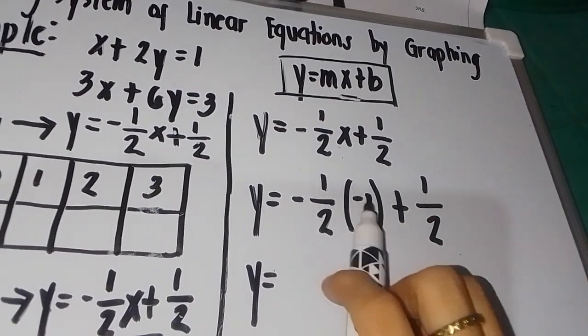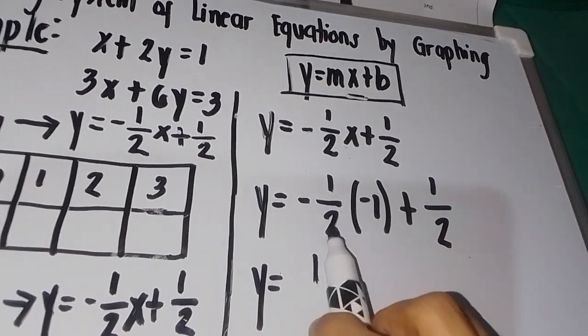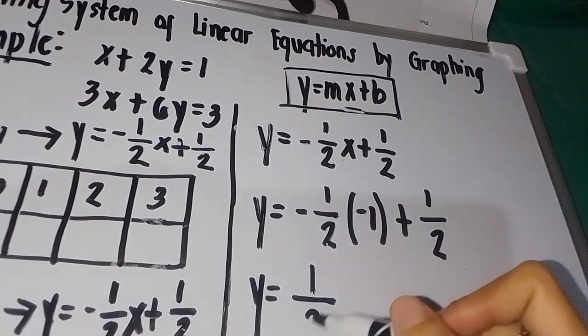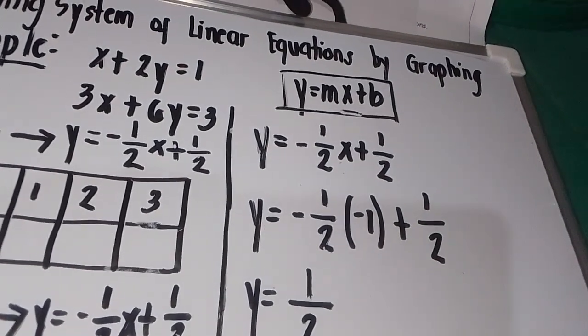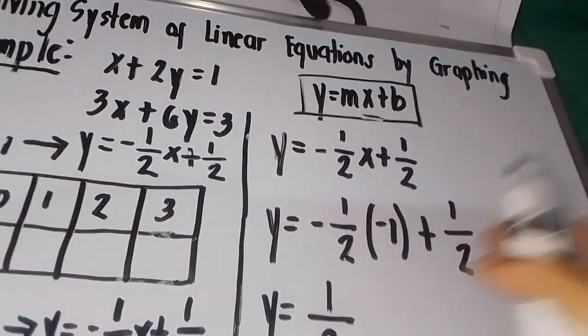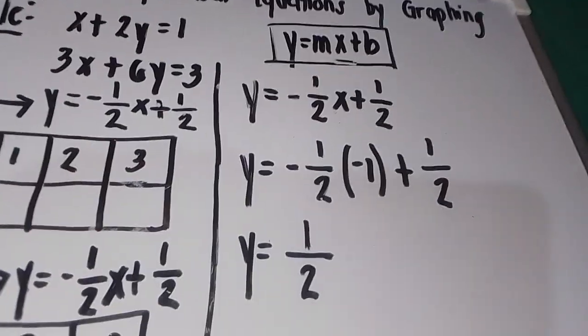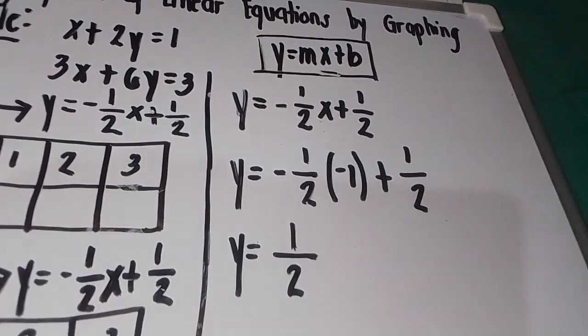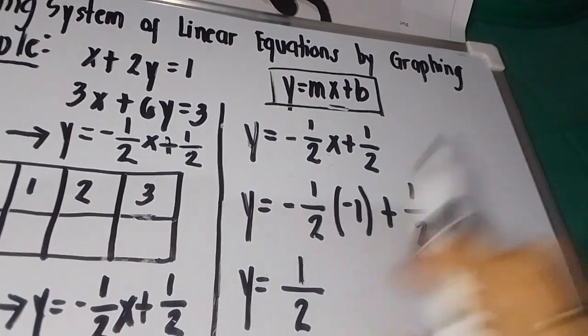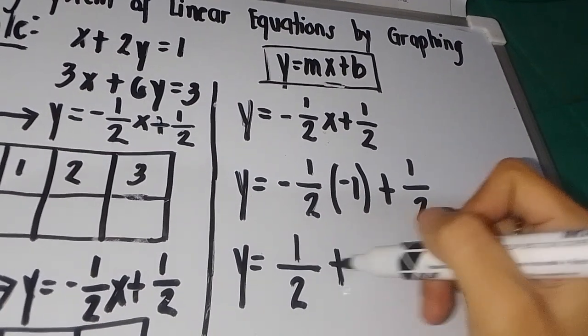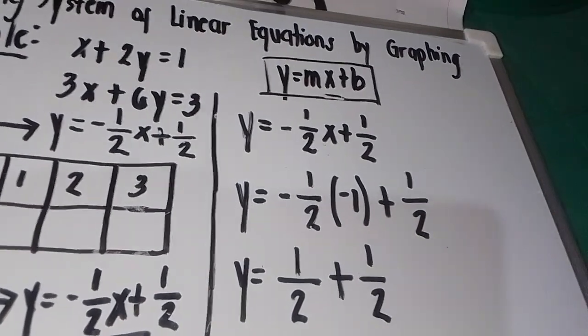Then 1 times 1 is 1. Then copy 2, because the whole number has an imaginary denominator of 1. So 2 times 1 is still 2. In short, you just copy. Next, we attach the second term, plus 1/2.